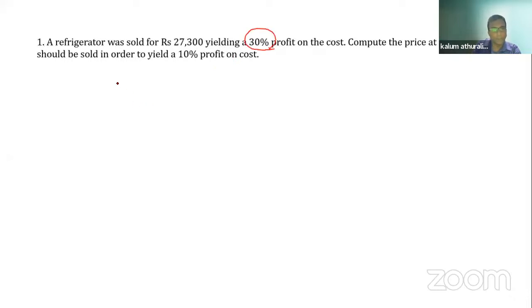This means if the cost of the refrigerator is 100, then the profit should be 30. Then the selling price is 130. Now the actual selling price is 27,300.